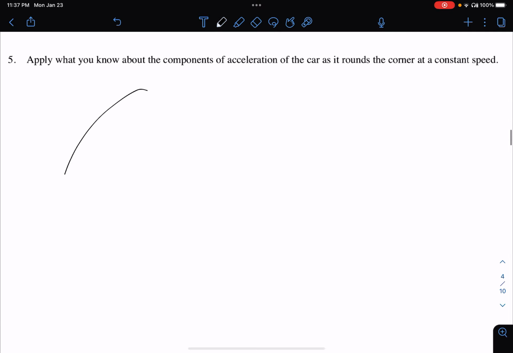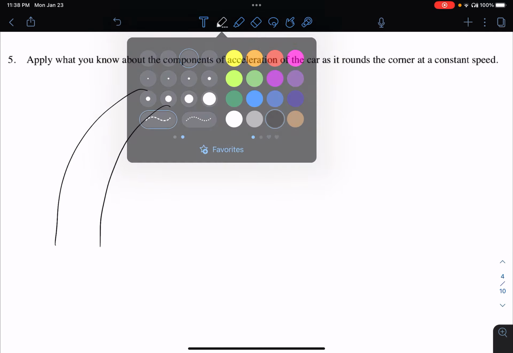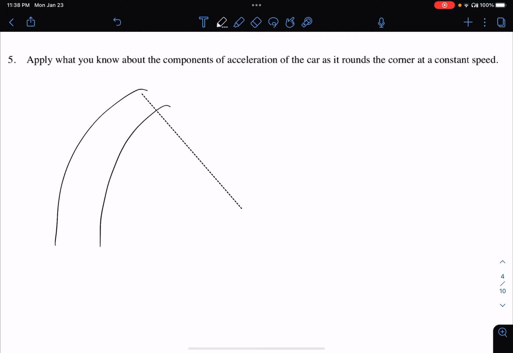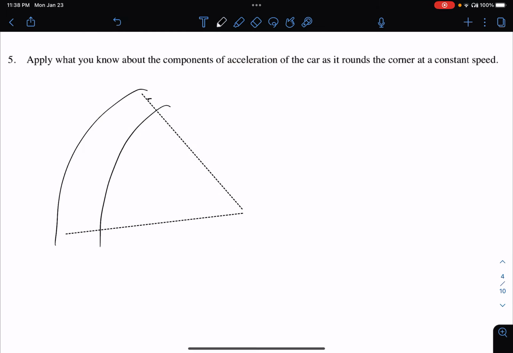So the car is going around a corner. Let's draw the corner like this. We can fit this curve with a circle that has a radius r. So right now we can view this car as an object going in a circle with some speed v.